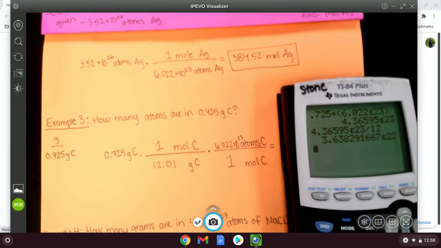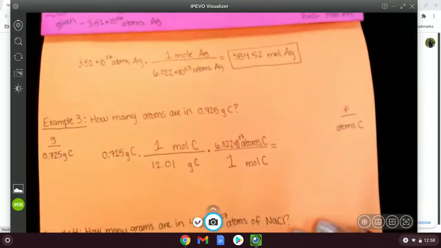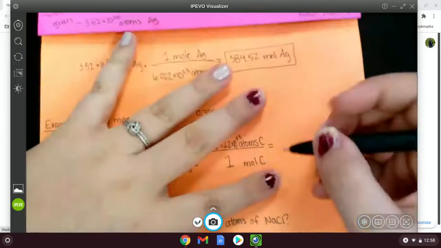And I get 3.64 times 10 to the 22nd atoms of carbon. Okay, so as a rule of thumb, whenever you're calculating atoms, you're most likely, every single time, going to have a times 10 to a number.